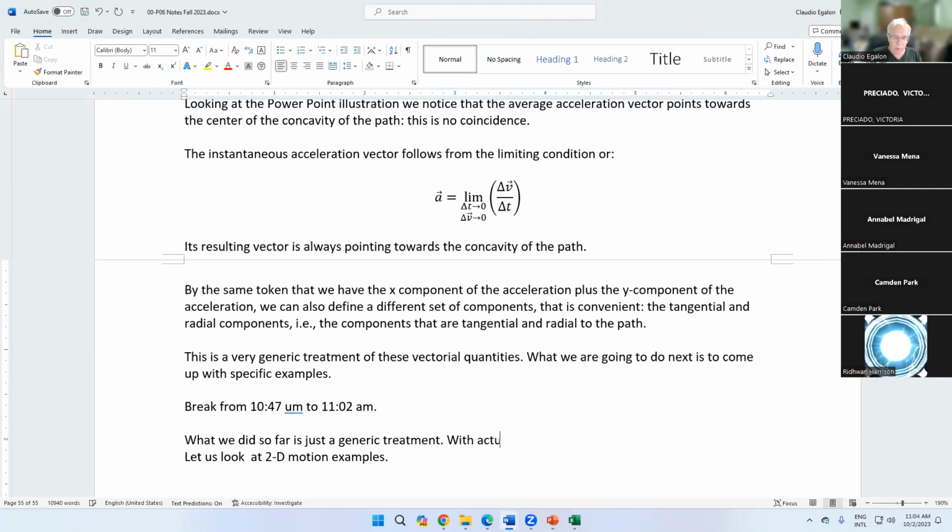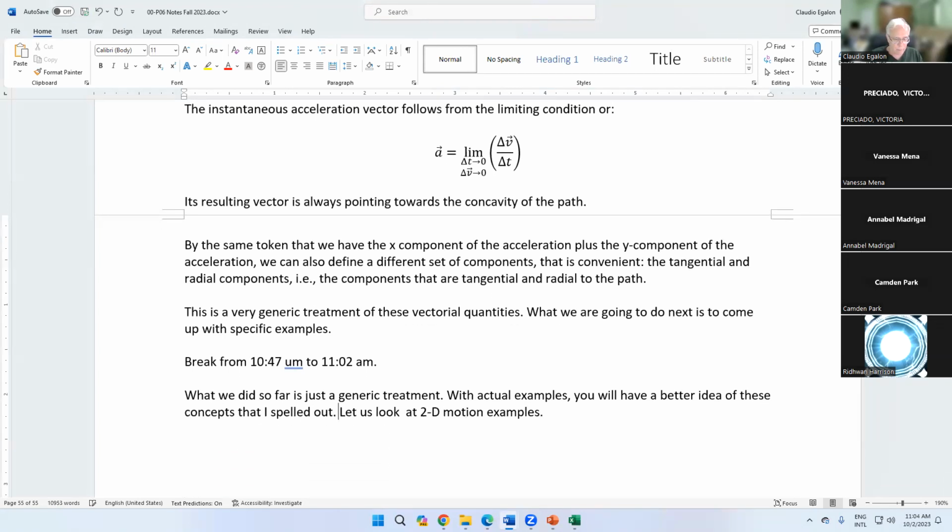With actual examples, you will have a better idea of these concepts that I spelled out. So let's look at some 2D motion examples.